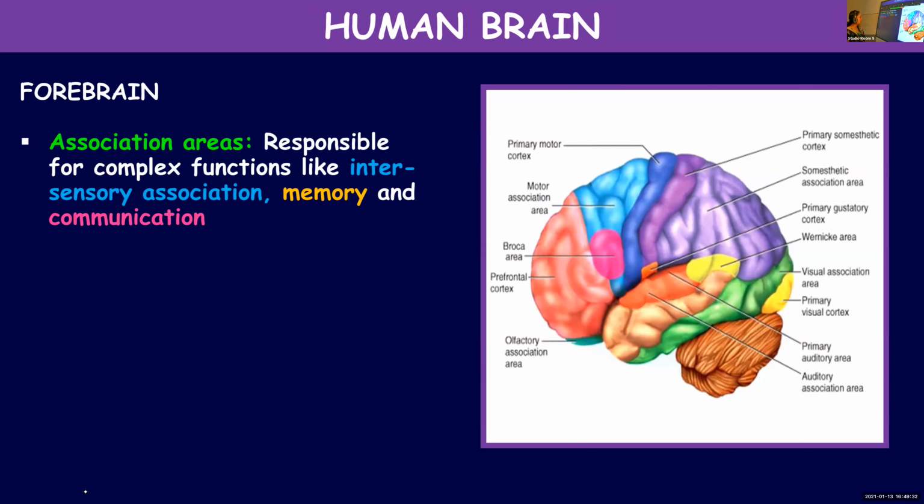Association areas are responsible for functions like memory, communication, and intersensory association. The information received from different senses will be combined with the help of these association areas. For example, when you see a food item and at the same time you smell it, your brain tells you that it smells like biryani, it looks like biryani, so it is biryani.